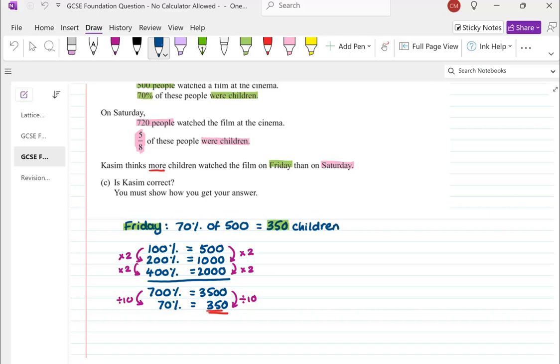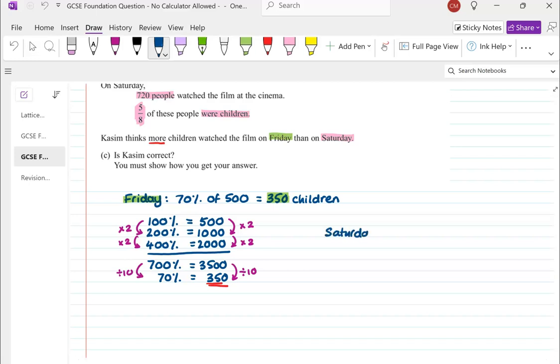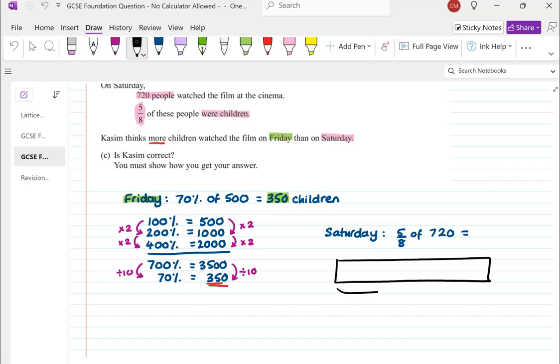Now, on Saturday, 720 watched the film and 5/8 were children. So what we really want to do on Saturday is to find out what is 5/8 of 720. Okay, so my little visual for this would be to draw all of those 720 people as a little bar model.